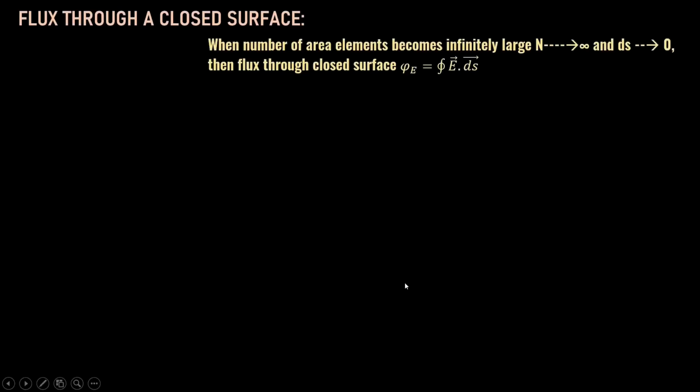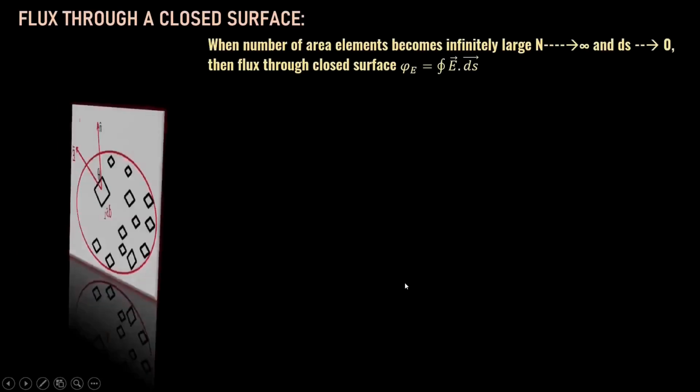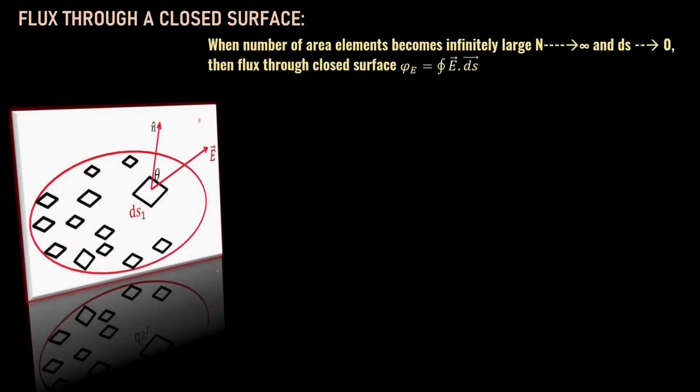Now next we have the flux through a closed surface. Now how to depict the closed surface? Let us see here. This is a closed surface. As I have told you earlier, a closed surface cannot be represented by a single normal vector. So for that, the number of area elements becomes infinitely large, and we have to take small area elements.